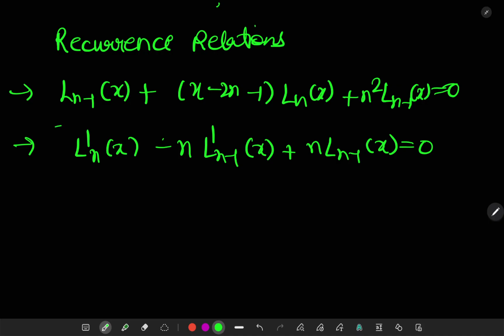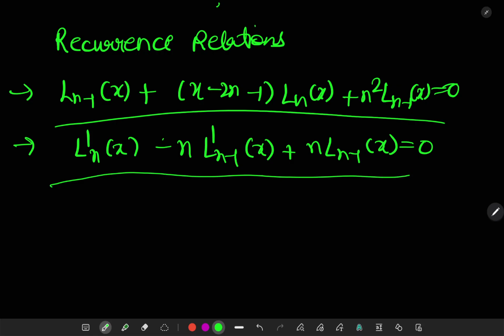And if we differentiate this first relation with respect to x and put n equals n plus 1, and similarly the second relation, if we differentiate this with respect to x and put n equals n plus 1, and using both equations, we get the third relation, which is equal to this.